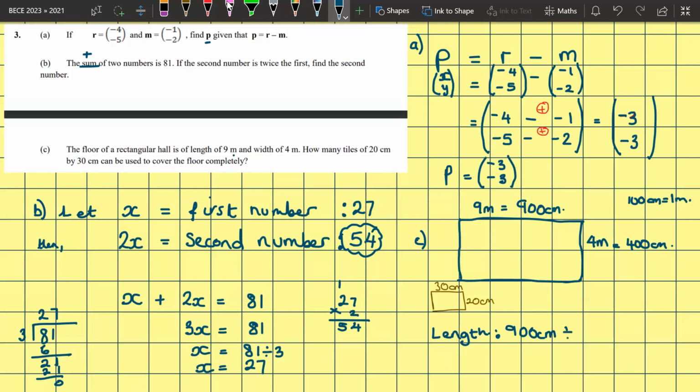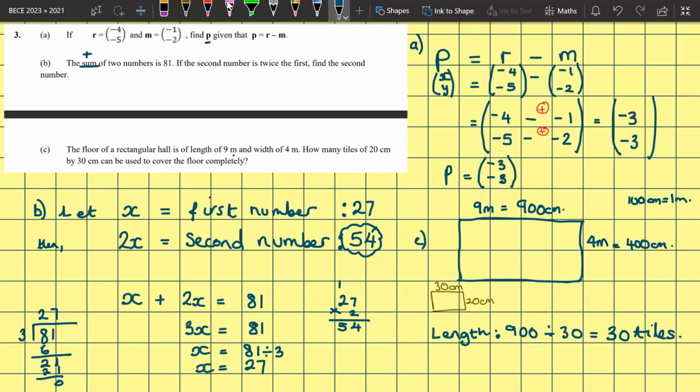So you're dividing. You don't really need to write the unit. You can just put 900 divided by 30. Okay, and that is 30. So you can fit 30 tiles along the length. When you're dividing, the zero crosses off with that 0. You're dividing by 10, and then how many 3s are in 90? So lengthwise, you can fit 30 tiles along.